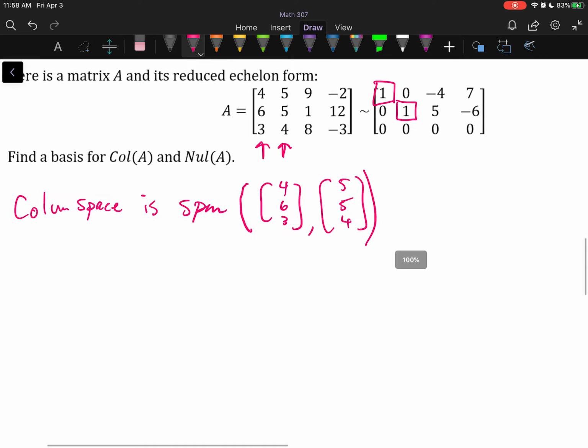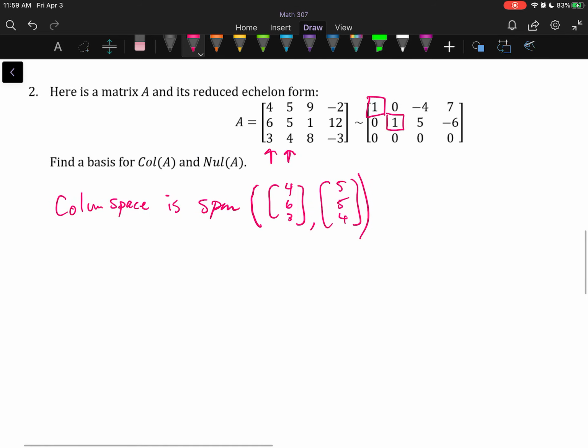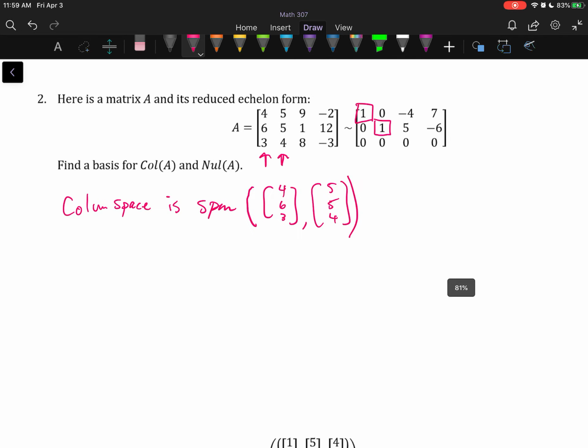Cool. There are only 2 pivots here, so we're only able to cover basically a plane in the column space. And then the null space, let's do that in blue. Imagine that we were solving the homogeneous system Ax equals 0. All that would change here is that there would be a 0 vector on the end.